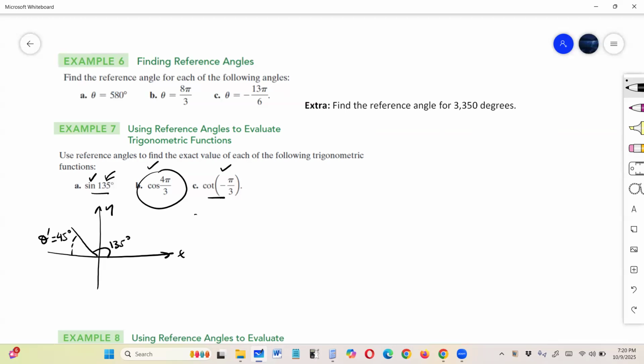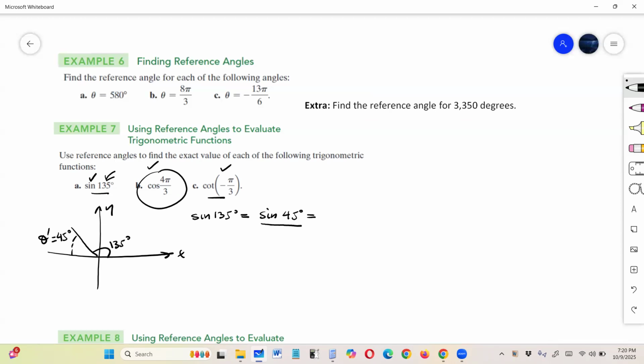So sine of 135 is equal to sine of 45 degrees. Okay, now sine of 45 degrees is one of the angles that I have to know.